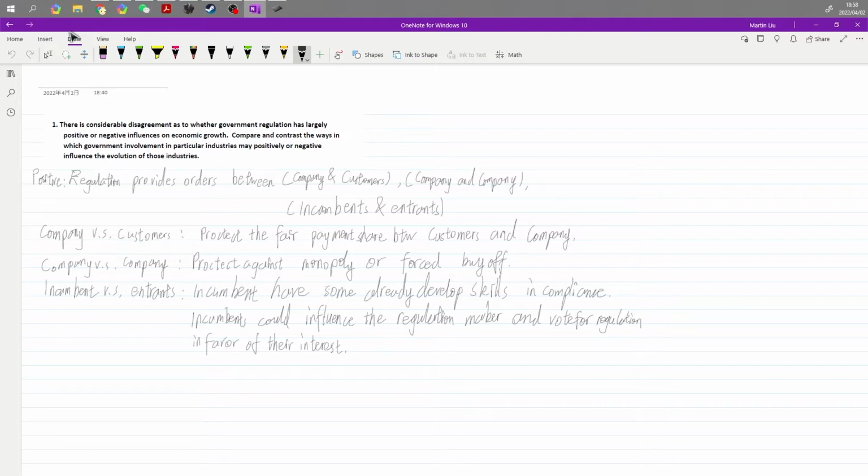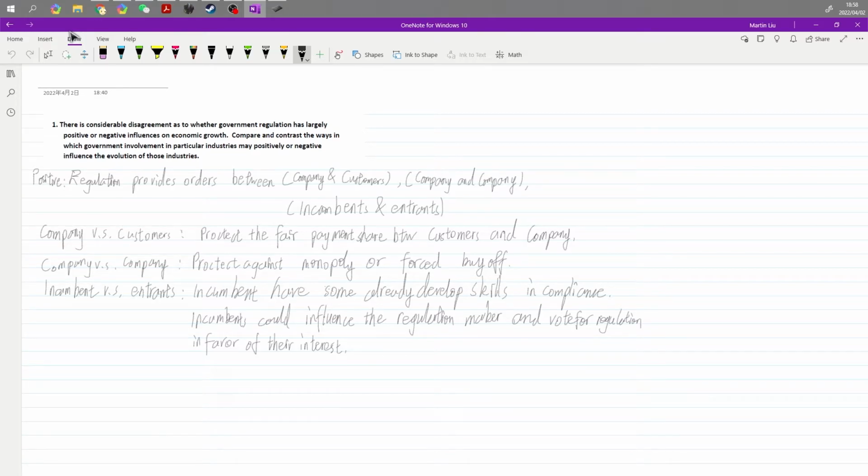And that is just an example of how some incumbents could potentially influence the regulation maker and vote for some regulation in favor of their interests.